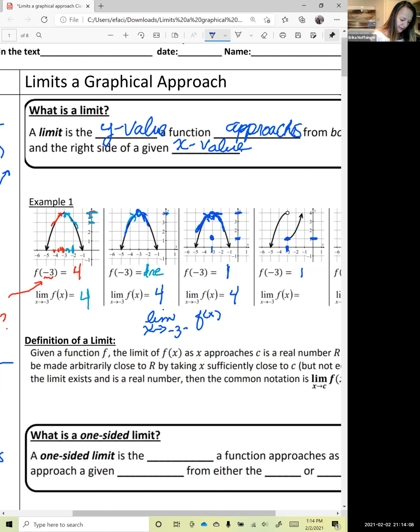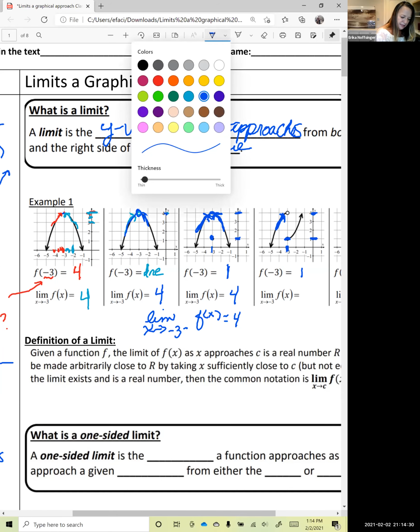As I'm approaching -3 on the left, we're looking at what the y value is. Is there some y value that we're getting closer and closer to? And there is. On the left, it never gets there, but it gets close enough. It's going to 4.